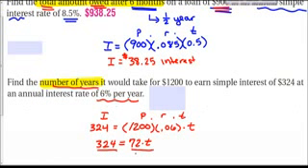So dividing both sides by the coefficient of t, $72, I can determine that the total amount of time that would take would be 4.5, and that's a number of years. So I would say that this would take 4.5 years to accumulate that much money based simply on simple interest.